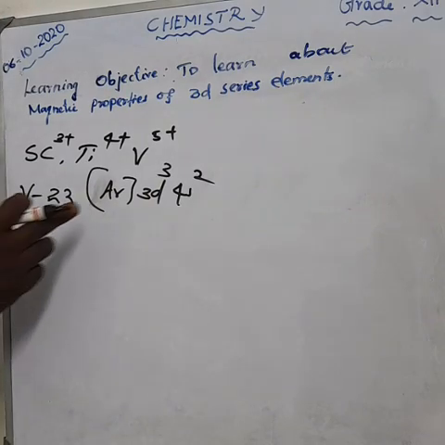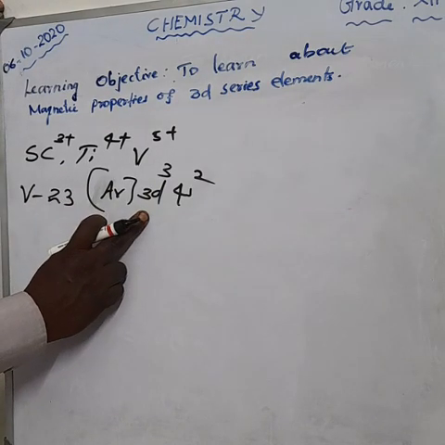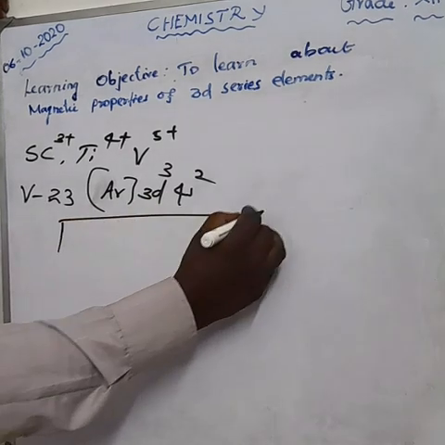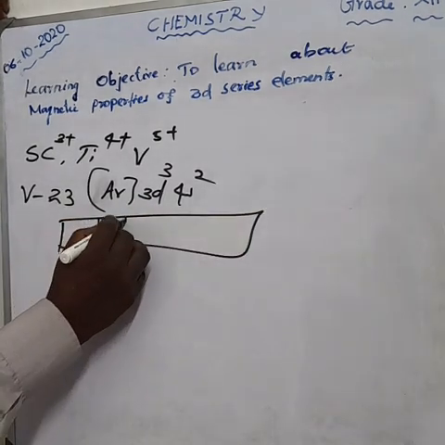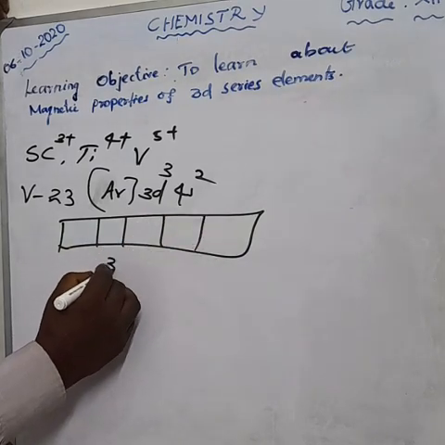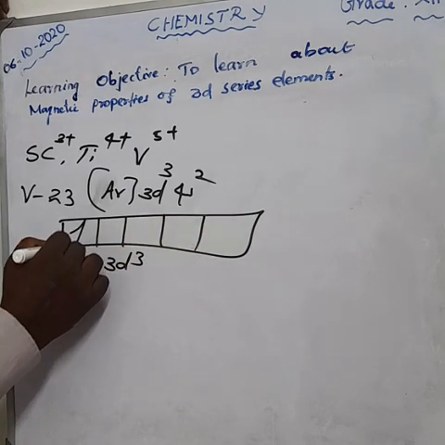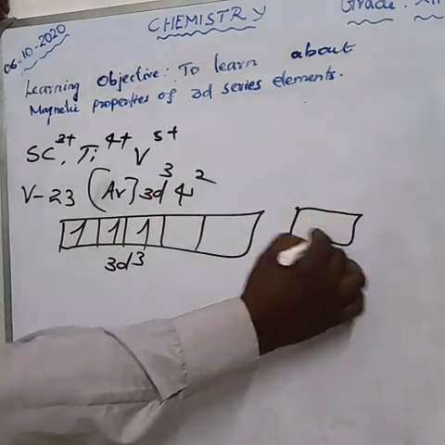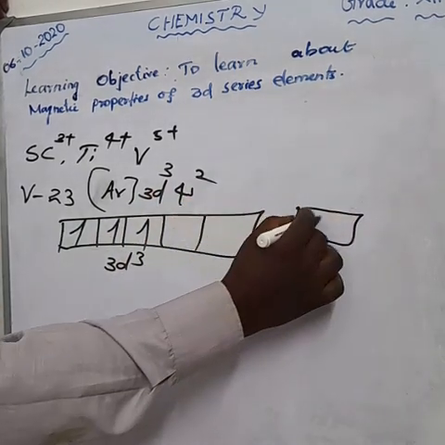So that means it has 3 electrons in the 3d subshell and 2 electrons in the 4s subshell. This is 3d, how many electrons? 3d3, that is 1, 2, 3. And about the 4s subshell, how many electrons? 2 electrons.